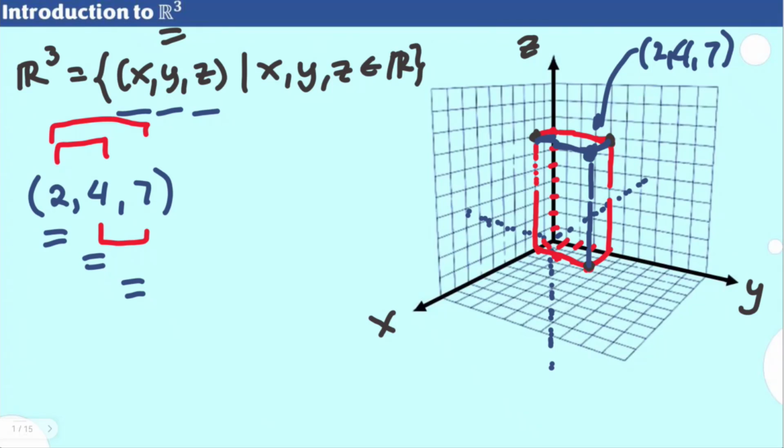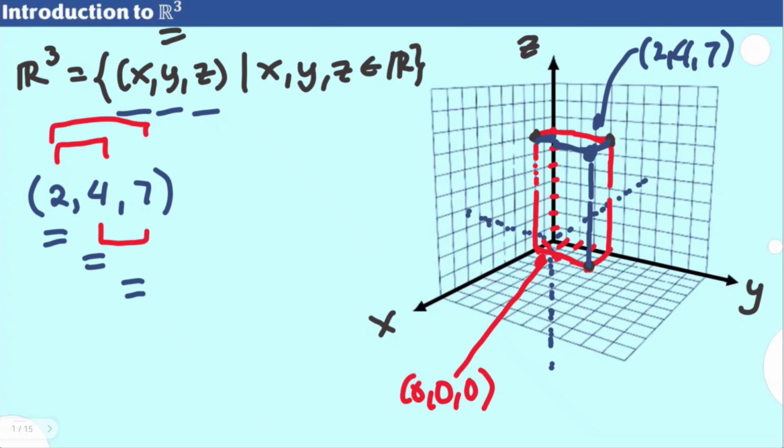And take note, it should be in 3D space. It may not look 3D for this given perspective because we have here a 2D figure. That's why we will have decimals later on. And that stands for our point 2, 4, and 7. If we're going to talk about the vector containing that, simply connect that from our origin. By the way, I forgot to mention the origin, the intersection of all axes, 0, 0, and 0.